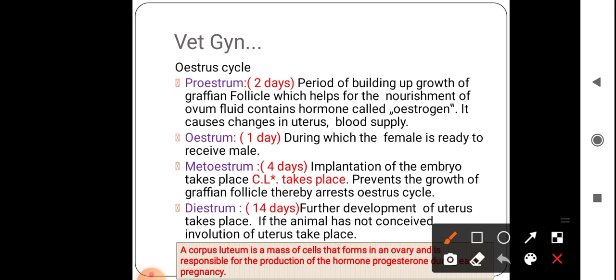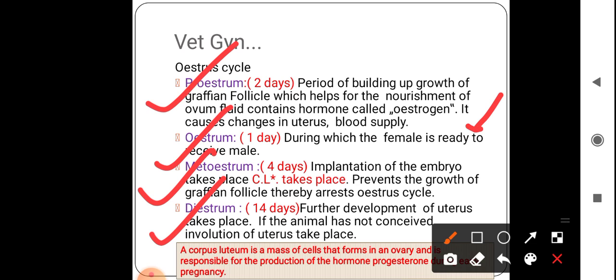The estrus cycle is made of 4 stages: proestrum, oestrum, metastrum and diastrum. In proestrum, the Graafian follicle develops. The Graafian follicle is responsible for nourishment of the ovum; its fluid contains a hormone called estrogen, which causes changes in the uterus and blood supply.